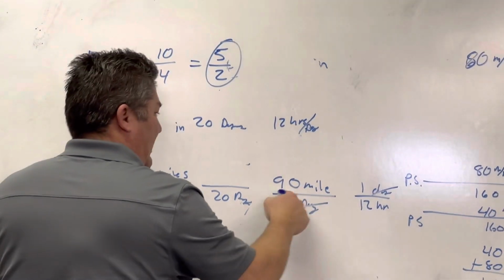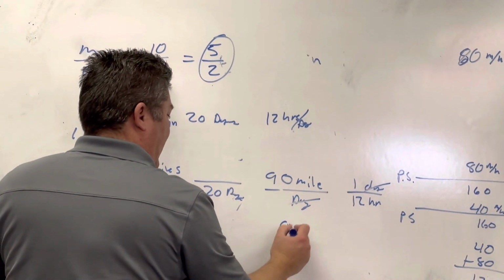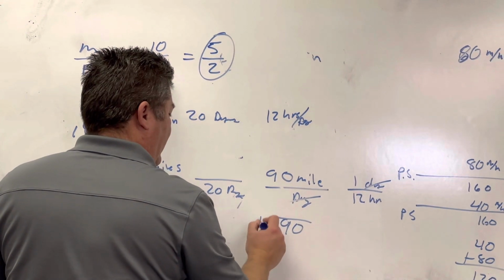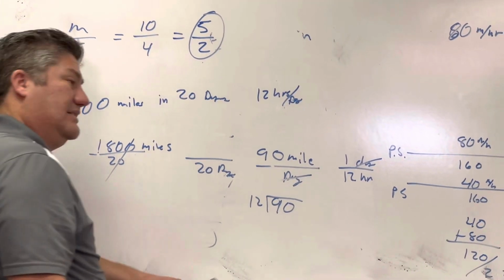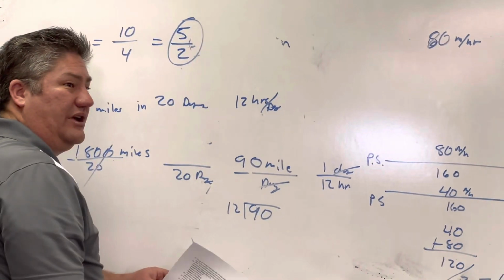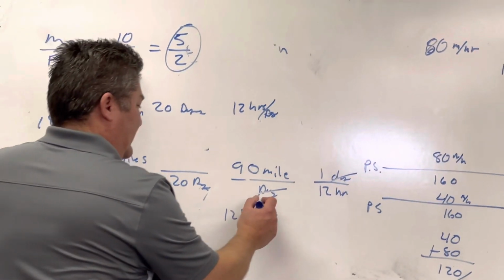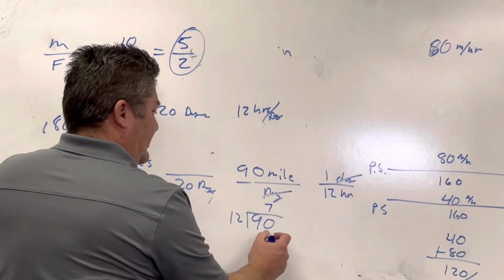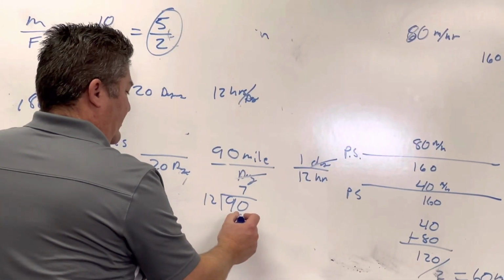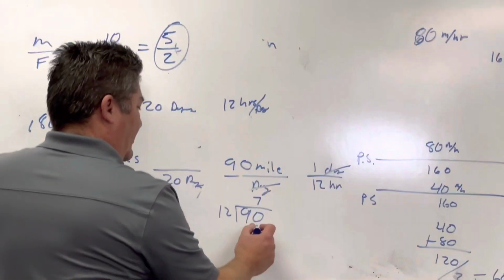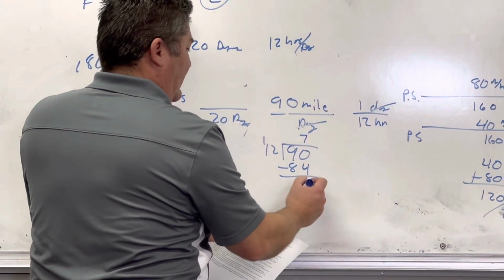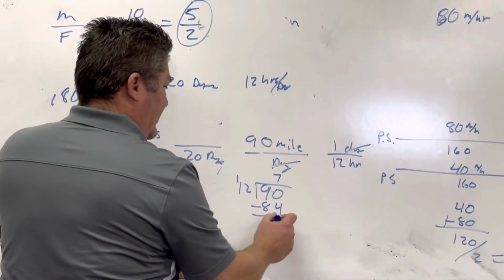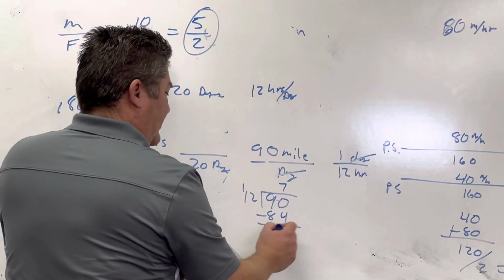If I divide 90 by 12, how many times does 12 go into 90? Maybe 8, but I don't think it quite makes 8. I think it's going to make 7. 7 times 2 is 14. Subtract that, that's going to be a 6, right?